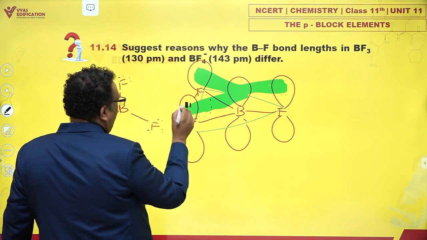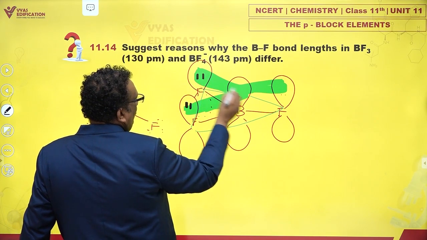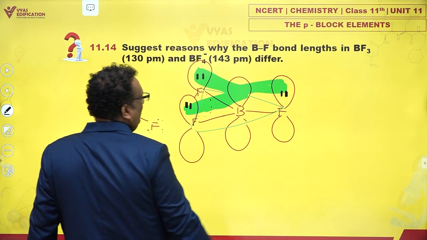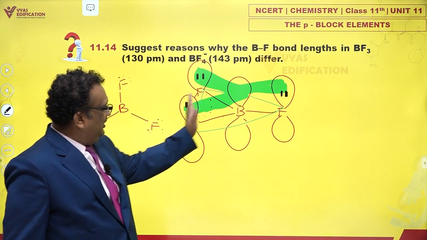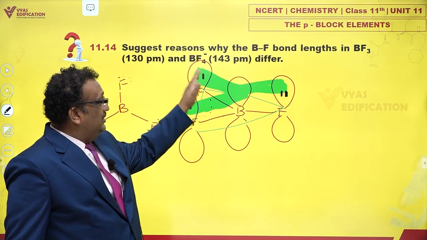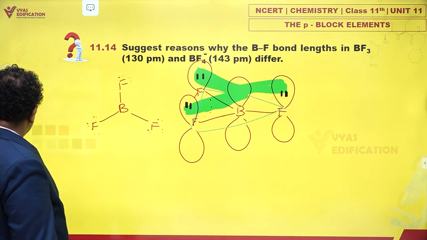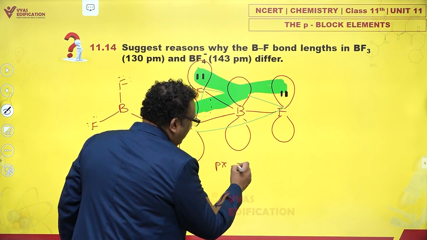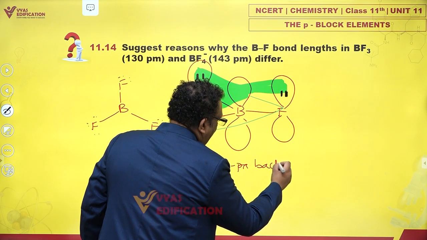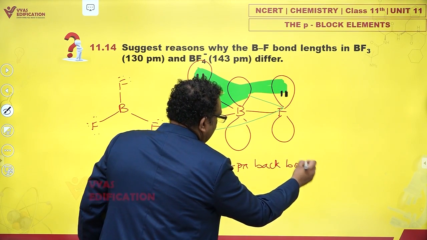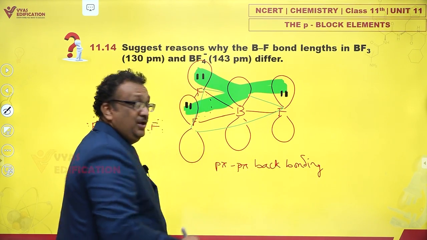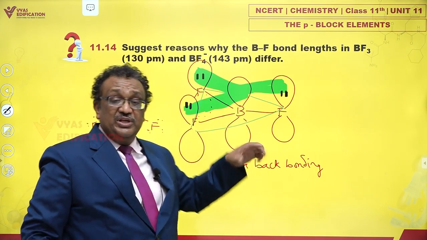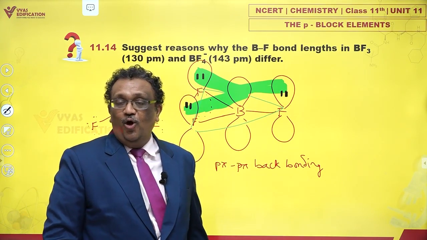Each fluorine has a lone pair, a lone pair, a lone pair, and a lone pair. And this lone pair shares itself with boron. There is extensive p-pi back bonding between lone pairs on fluorine atoms and the empty p orbital of boron.